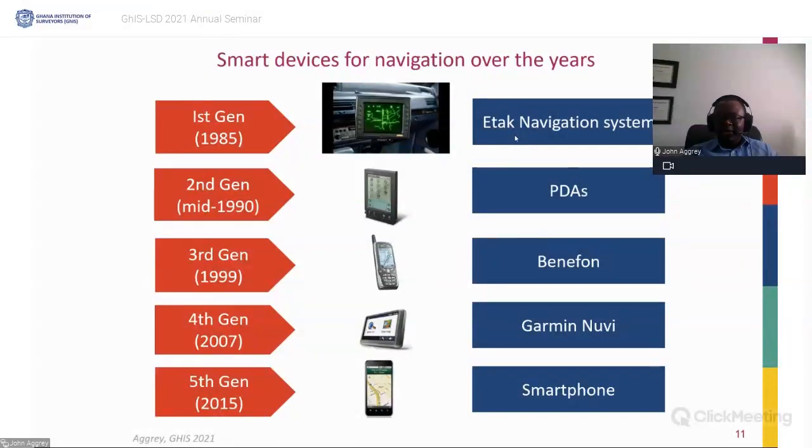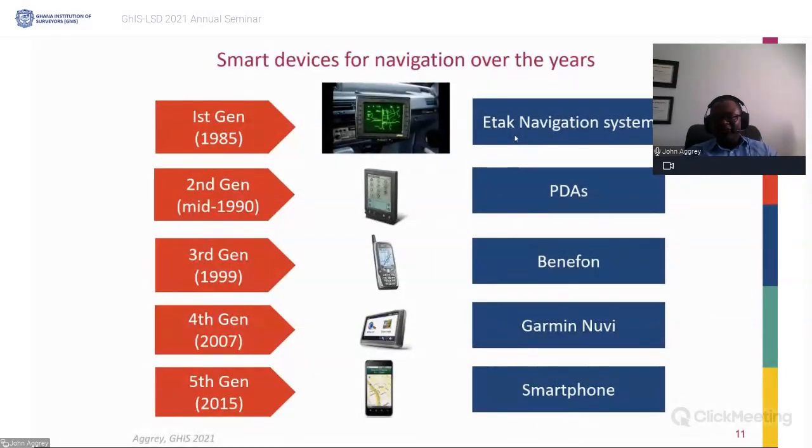Most of these navigation units started coming into play by the early 2000s, and right now they've been in circulation for years. Then comes 2015, when we had the Android boom and smartphones came into play, and now we have GPS units inside our smartphones.